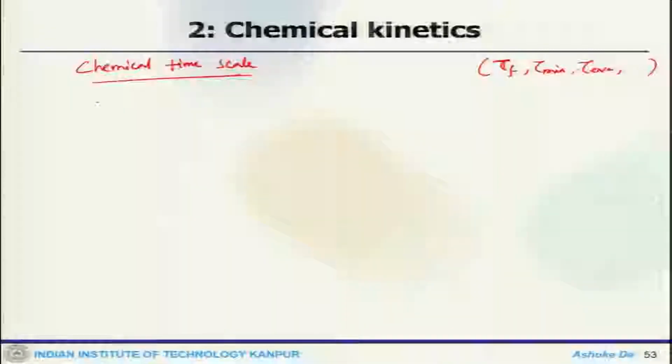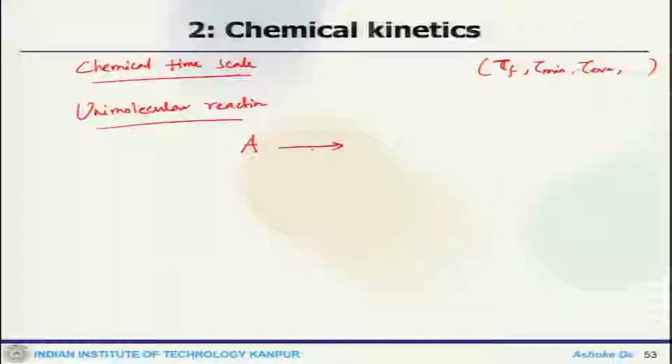Now, let us start with the simple one, a unimolecular reaction. If we start with a unimolecular reaction, that is A goes to products, we stick to our nomenclature and continue the notation in a similar fashion.